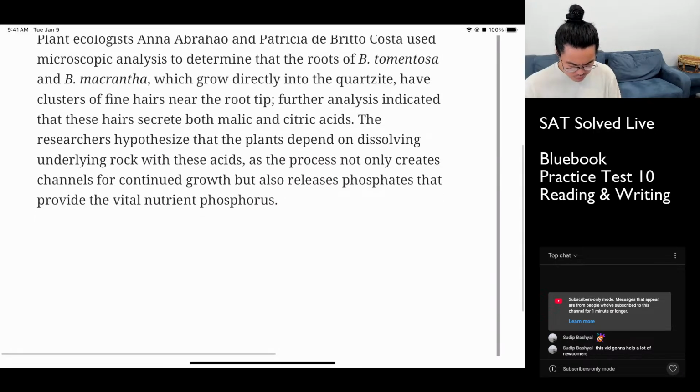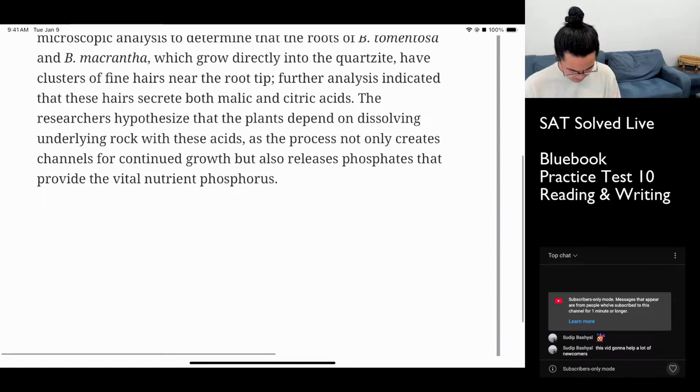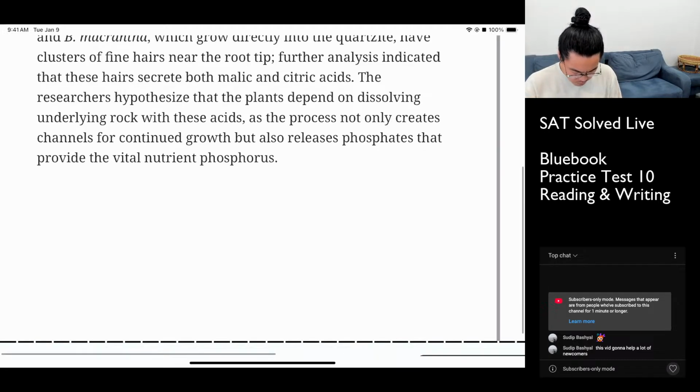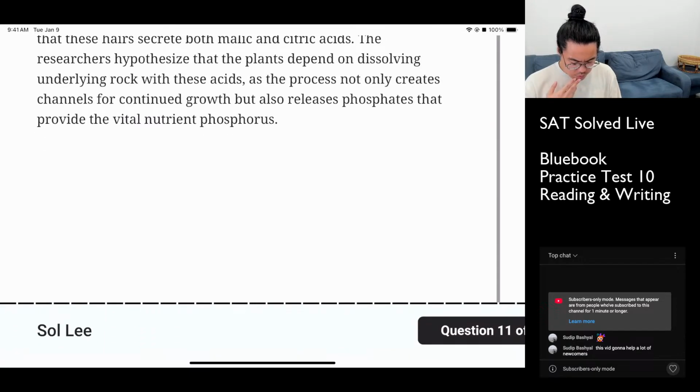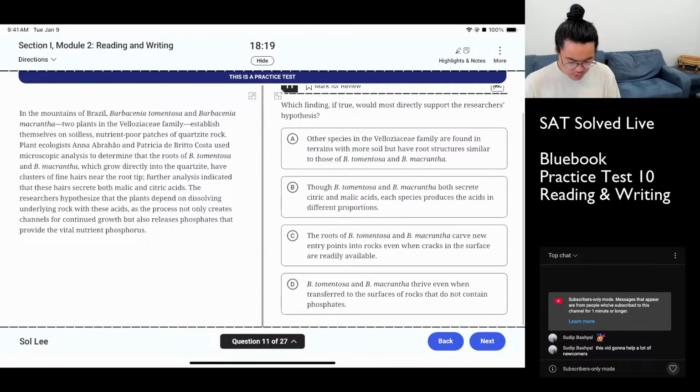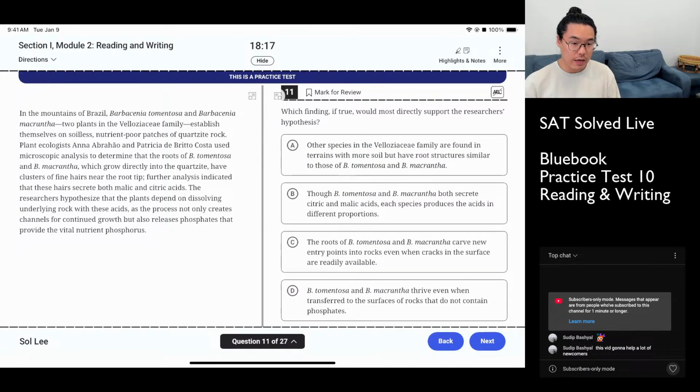We use this acid to dissolve the rock because it allows them to grow inside the channels, the tunnels that they're making. But also, the acid releases phosphates, which provides a nutrient, like a vitamin for them. So that's interesting. It's a double reason for why they have acid.